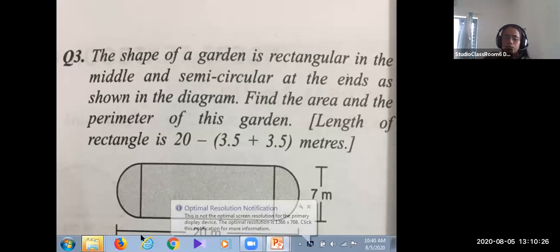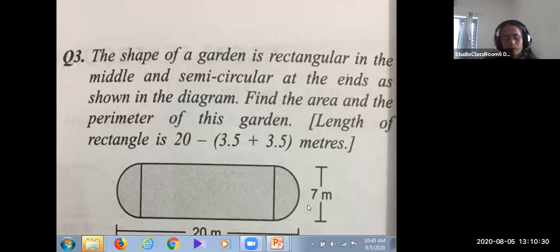It is shown in the figure. Find the area and the perimeter of this garden. Very important question it is. Draw the figure.